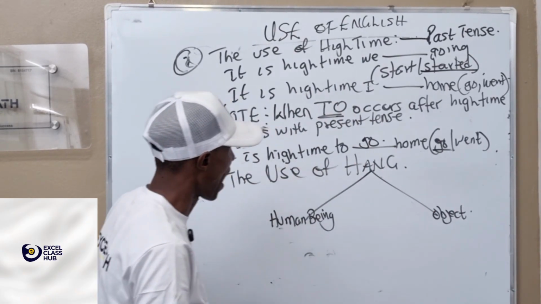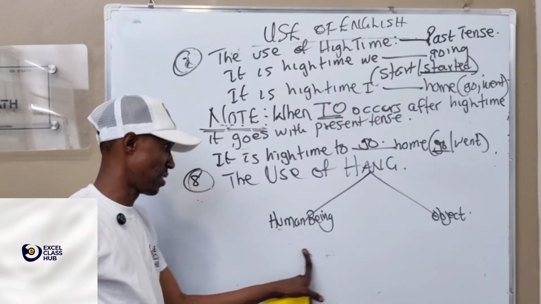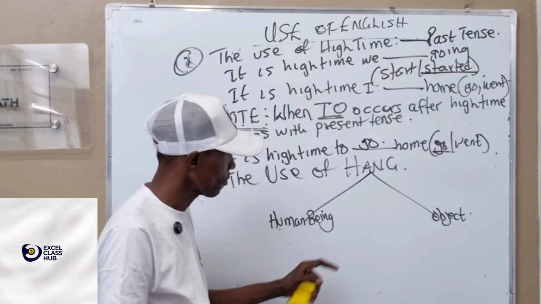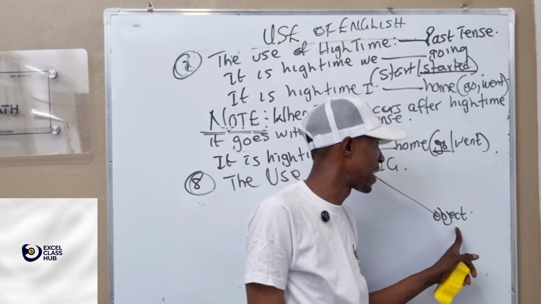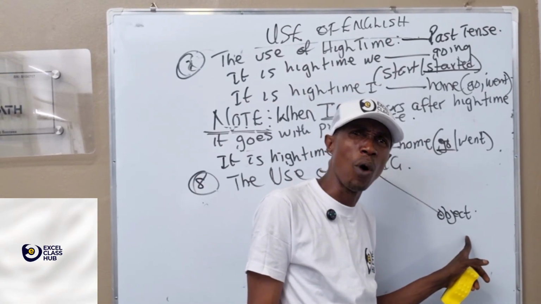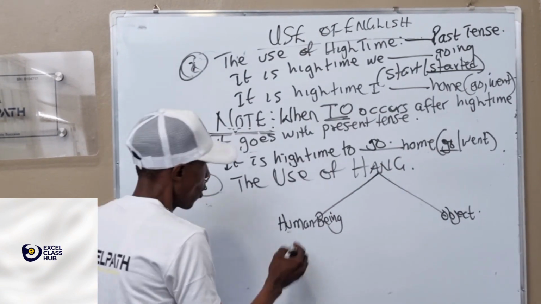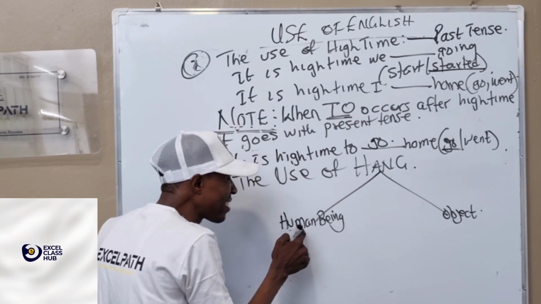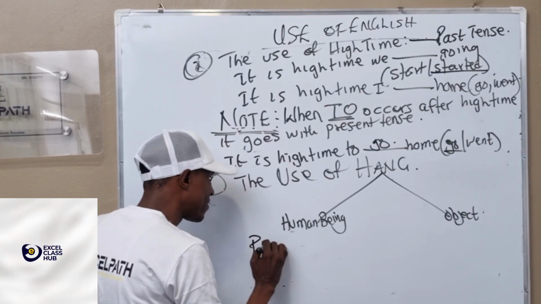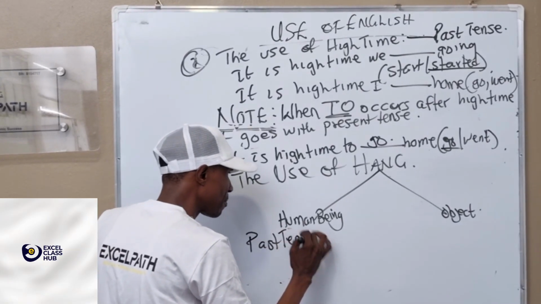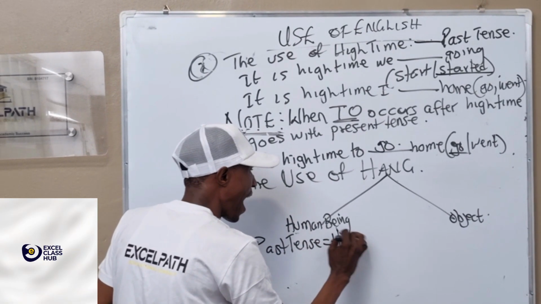We make use of hang when it's related to a human being. We make use of hang when it is related to what? Object. Now, when hang is related to a human being, the past tense equals what? Hanged.